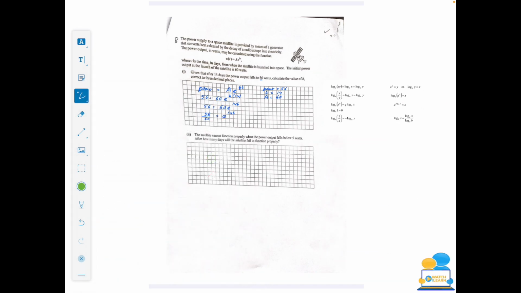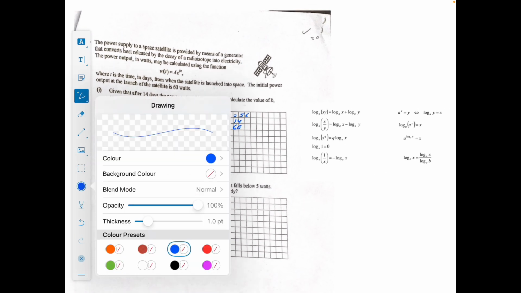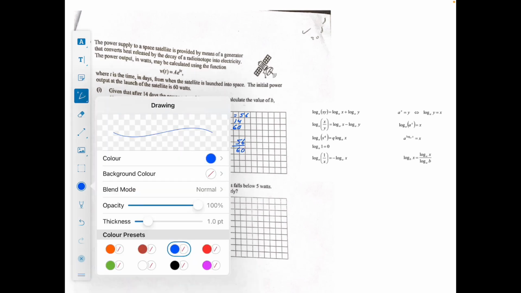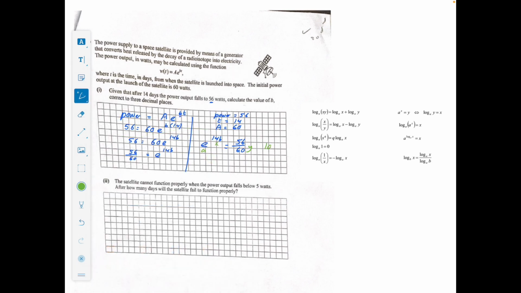We have what we're looking for trapped inside the power, so we're going to change to logs. This time it's actually written the other way around. I'm just going to flip it so we're looking at it the same way as in the formulas. So we have e to the power of 14b is equal to 56 over 60. So this is my A, this is my X, and this is my Y.